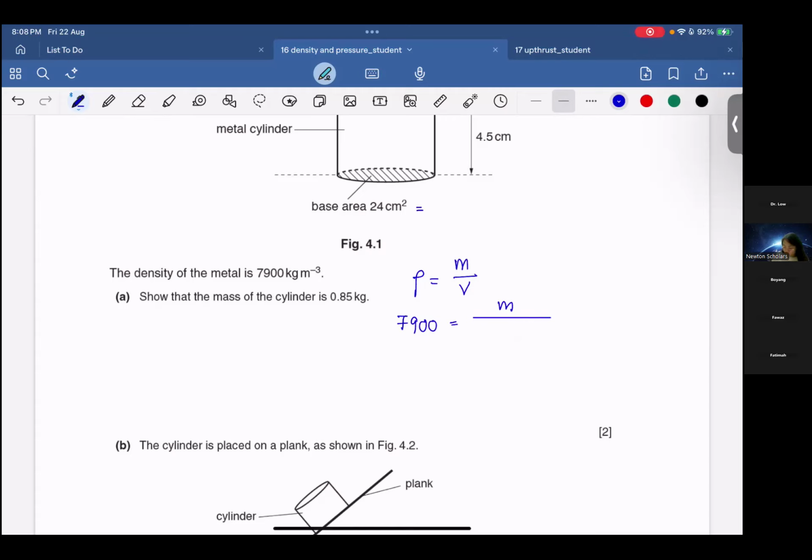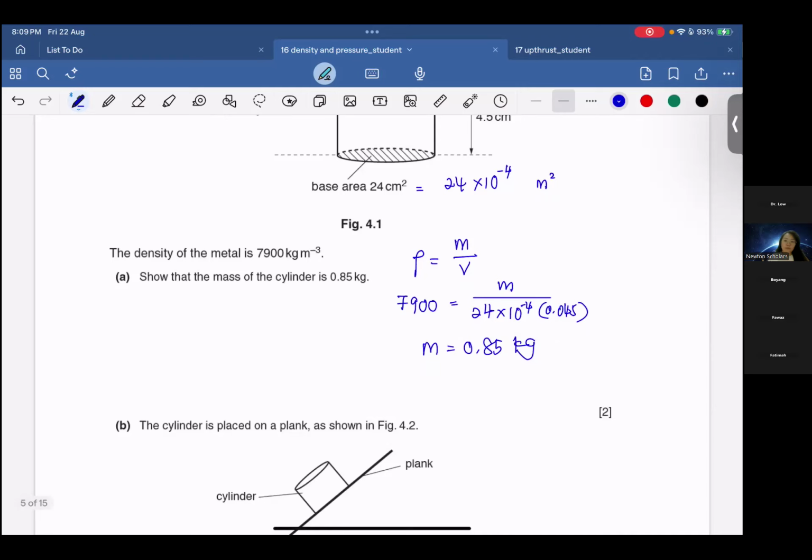Do you know how to convert to meter squared? You have to know mathematics. So here 24 times 10 to the power of negative 4. This one assume that you already know because this is basic mathematics, times the height 0.045. So your mass should be 0.85 kg. Okay, boys and girls, you try for B.